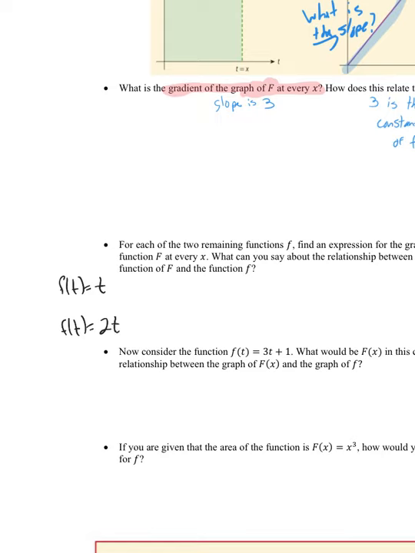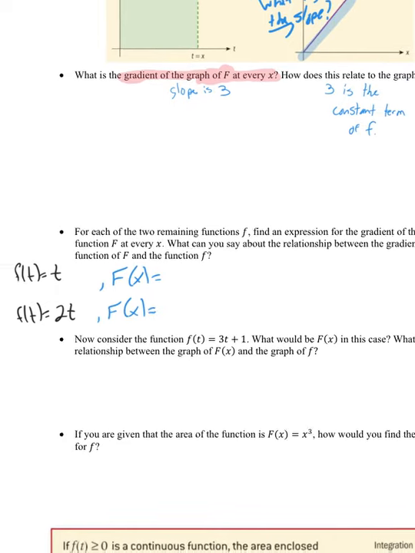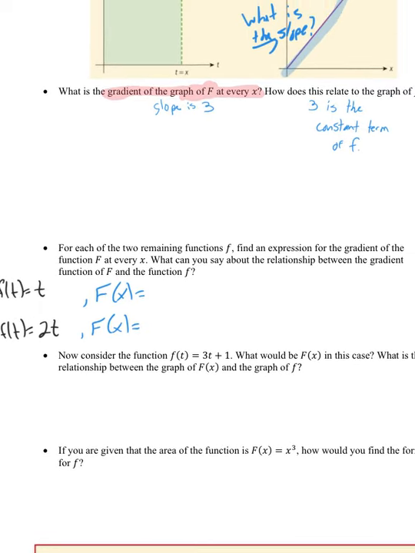What was the corresponding F of x for each of these? And then what's the relationship with slope? What can you say about the relationship between the gradient of the big F and the function f? That's what we're trying to look at here.